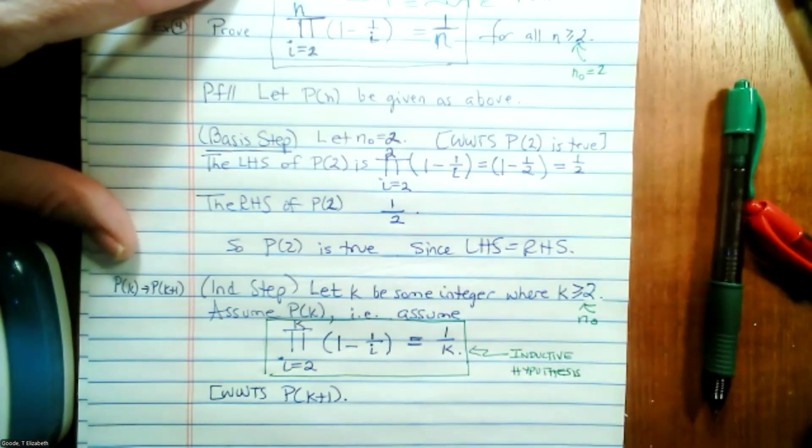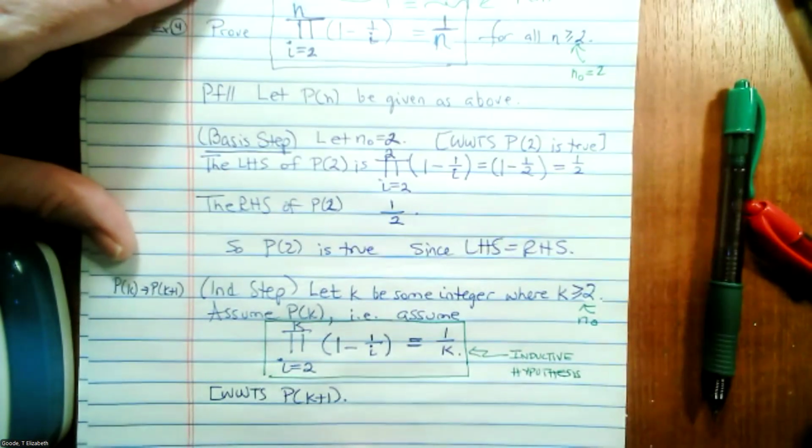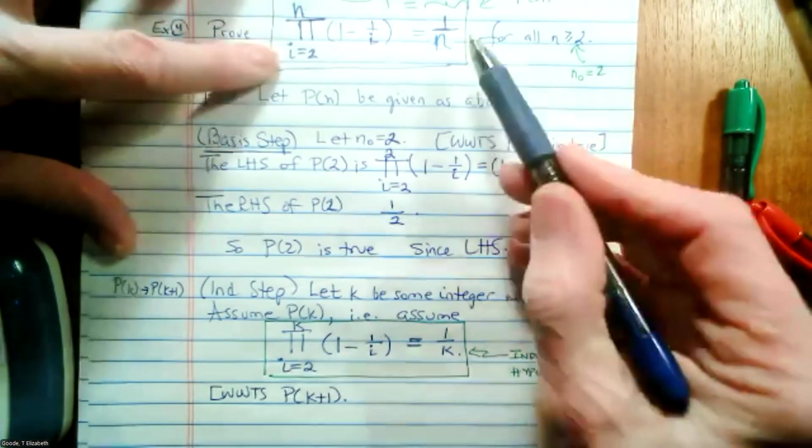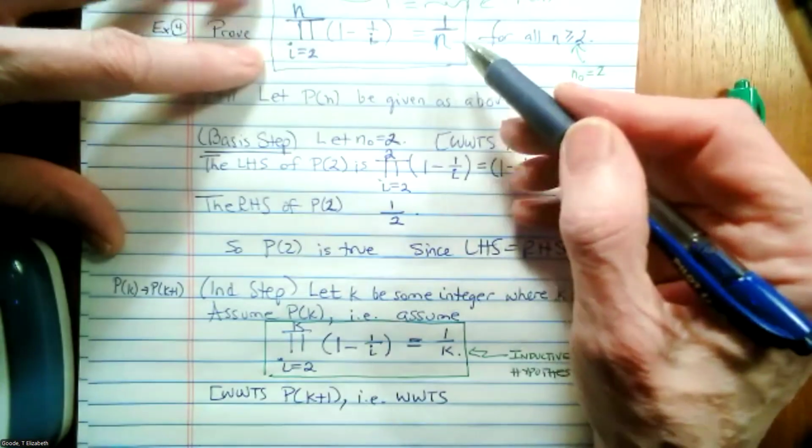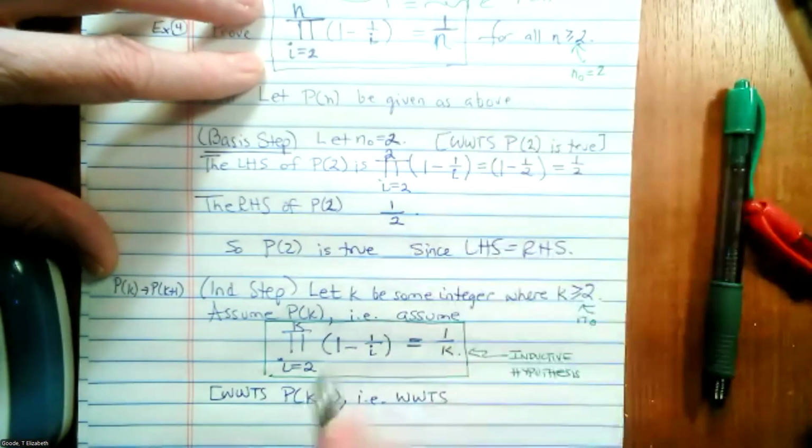Now, help me with the wish, because I want to get a real good look at what we really wish to do. Can you please help me with what P of K plus 1 would look like? Can you read it to me?